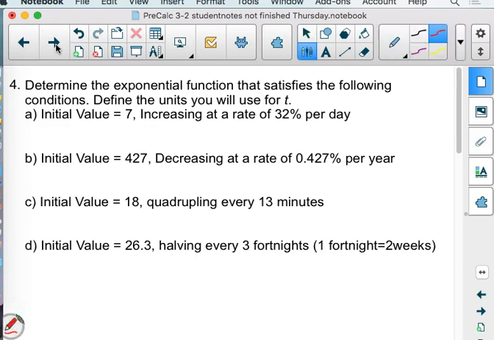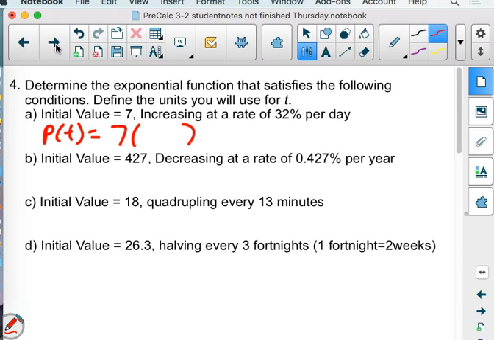So let's see. Well, they want t, so we'll definitely do P of t. How do we write that there's an initial value of 7 and it's increasing at a rate of 32% per day? What do we start with? The 7, yeah, it's the initial number that we start with. Increasing at a rate of 32%, I don't think we have to do this in steps.